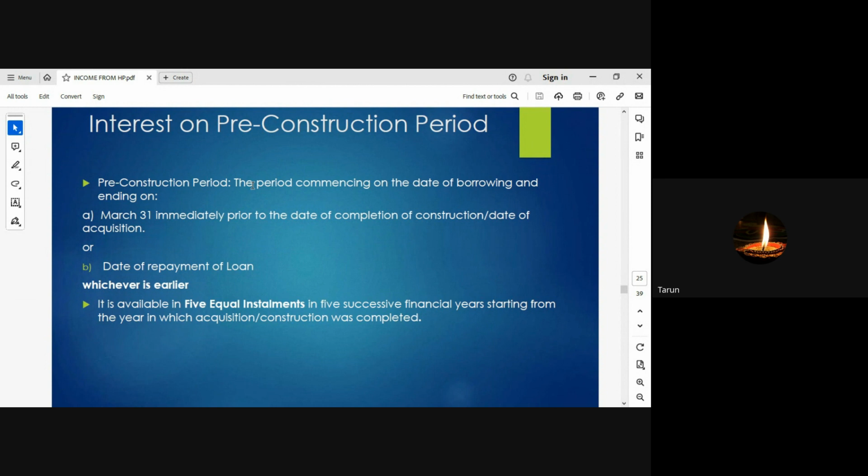That interest is allowed in 5 equal installments in the 5 successive financial years.